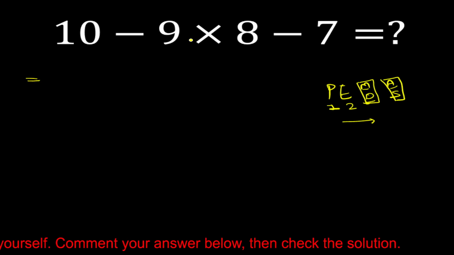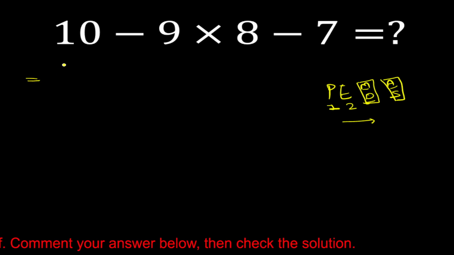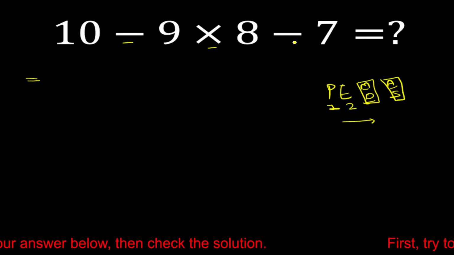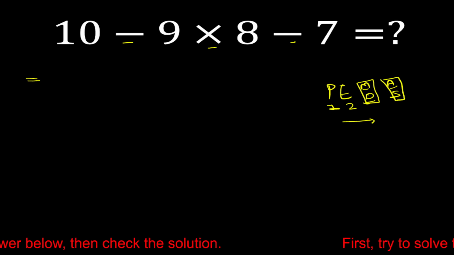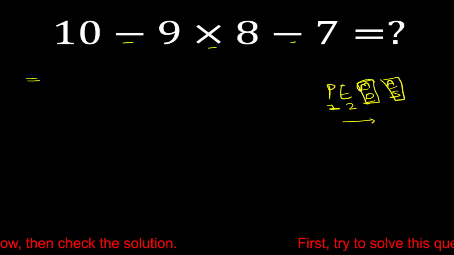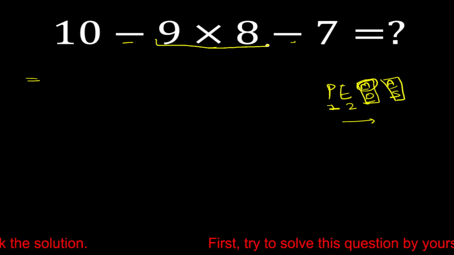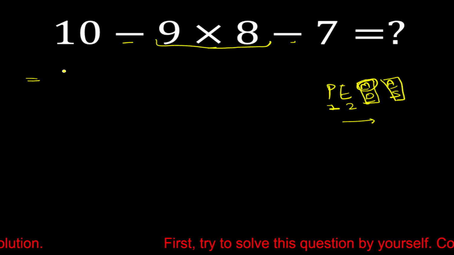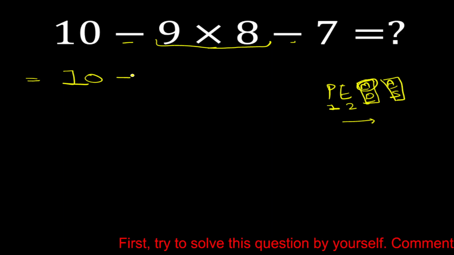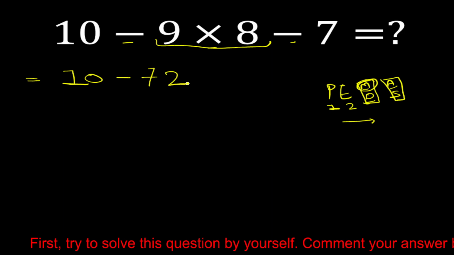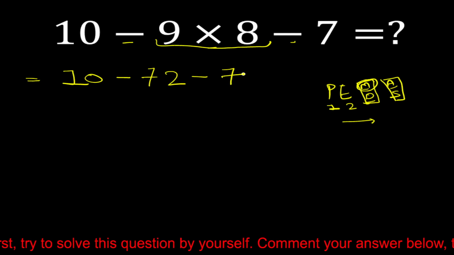So, first priority: here is a subtraction, a multiplication, and also a subtraction. According to the rule, first priority is multiplication. So first we have to multiply this. Therefore 10 minus, now multiply 9 times 8, is equal to 72, minus 7.